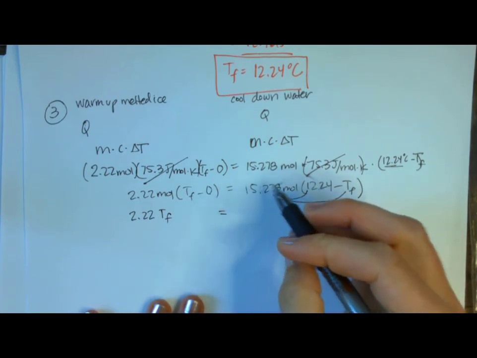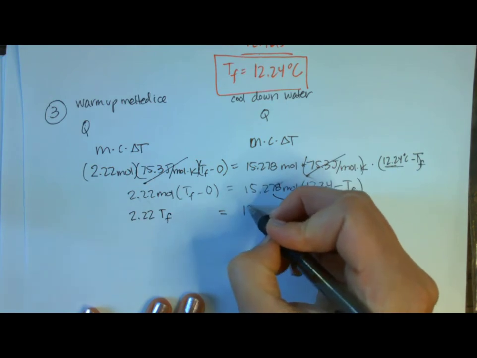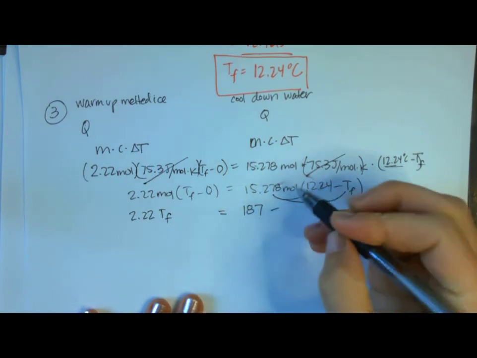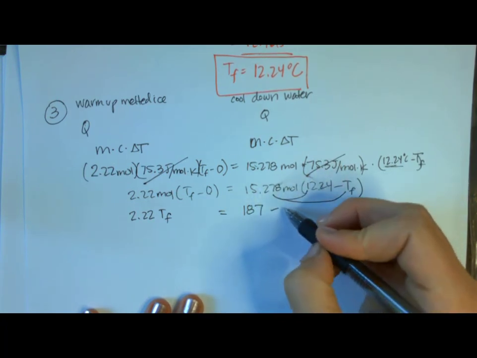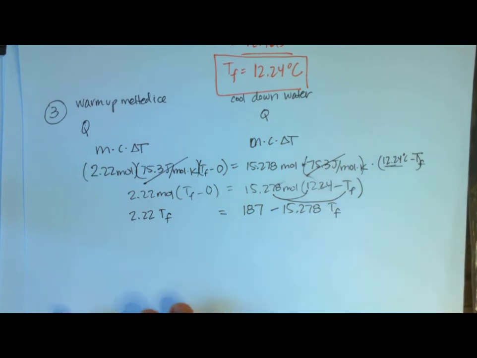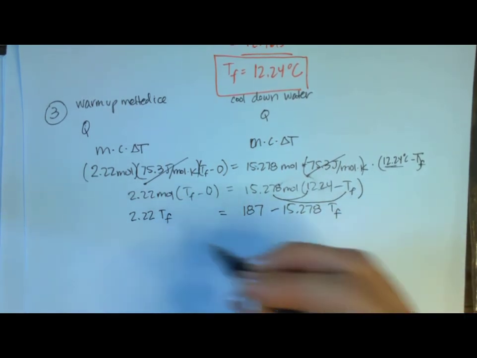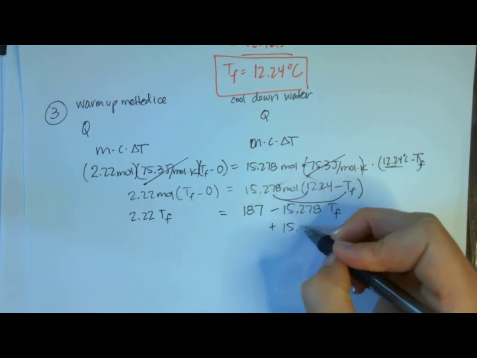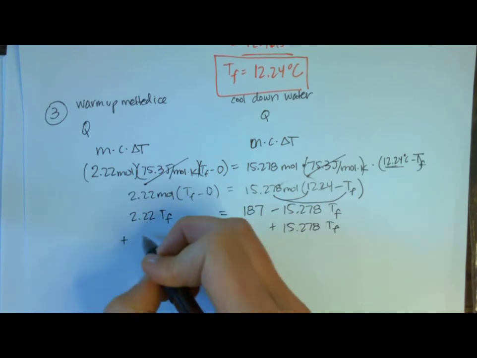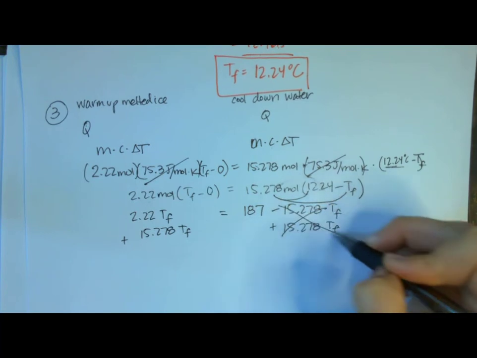So if I multiply that, I should get 187, I believe. Double check to make sure my math is right. Minus, and that'll just be 15.278 TF. All right, so let's get our TFs on the same side. So let's add 15.278 TF to both sides. So that gets rid of that.